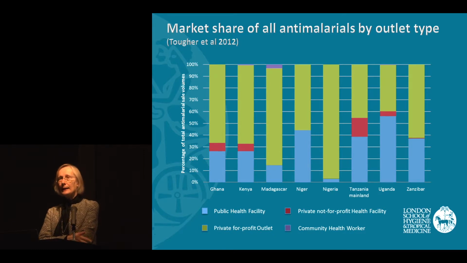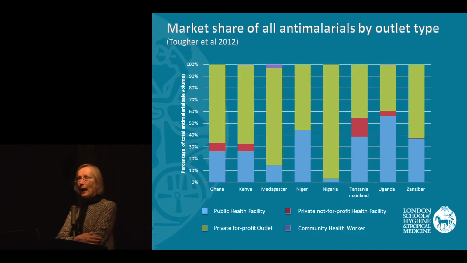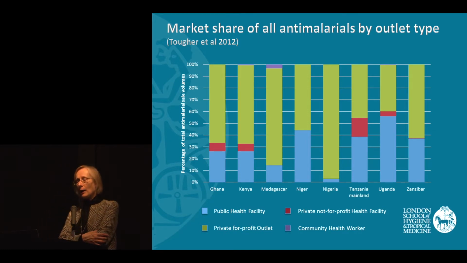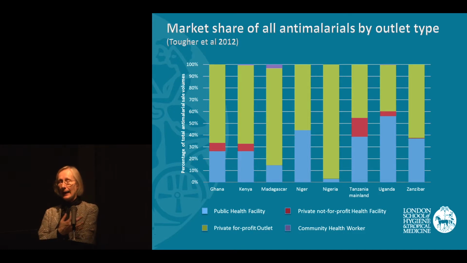But in the 1990s, it was known that chloroquine was failing. Certainly in Africa, deaths were rising because of that. And the decision was made to switch to Artemisinin, but to an Artemisinin combination therapy, a combination of drugs that would help protect Artemisinin itself from the development of resistance.